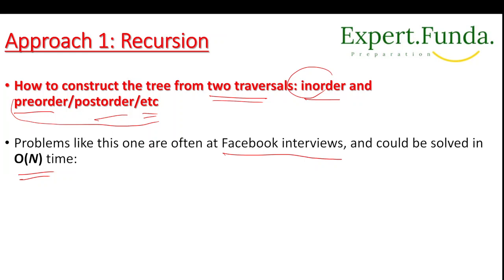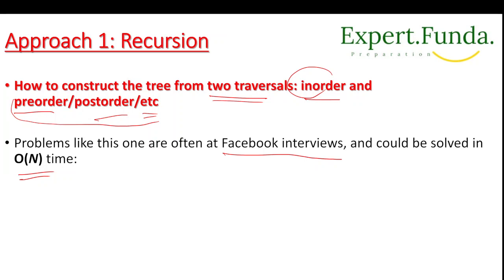So for example, in the pre-order traversal, the first value is the root node, then its left child, and then we'll go to its right child. Okay, so in the pre-order, first we go to the root, then its left, then its right children, right? Like that. For post-order, what we have is the last value is the root, then its right children, and then its left children, right?